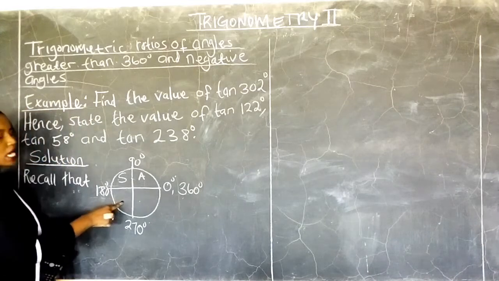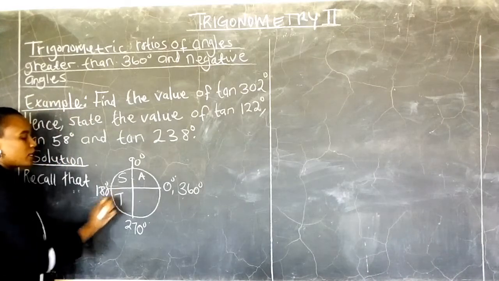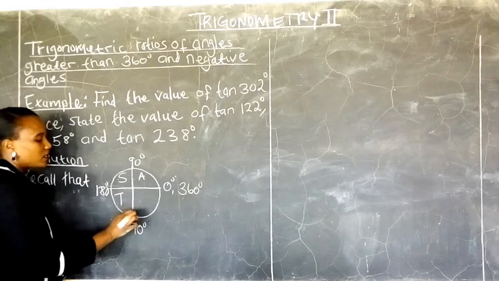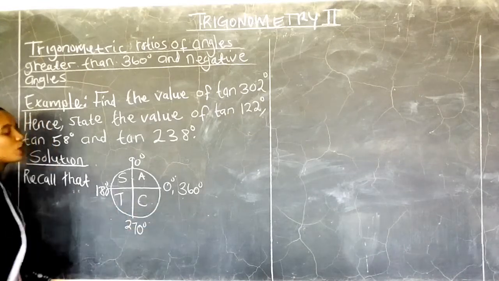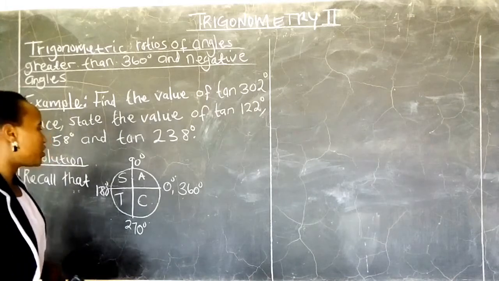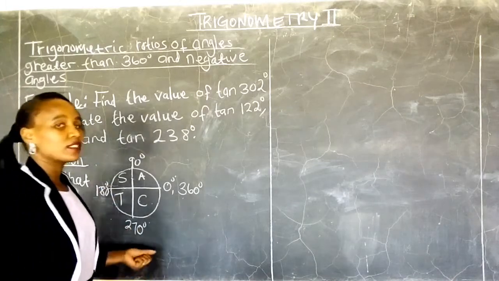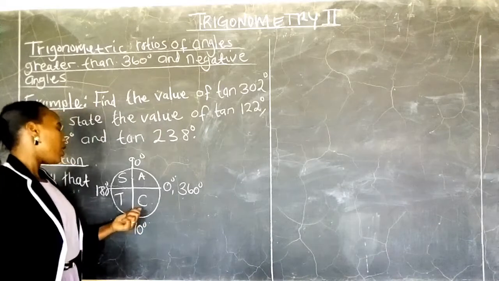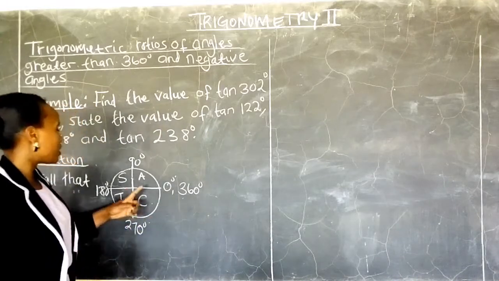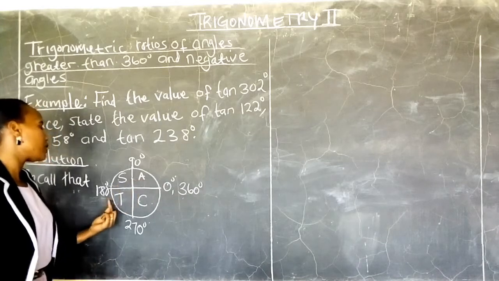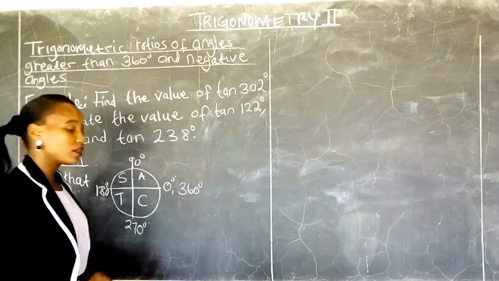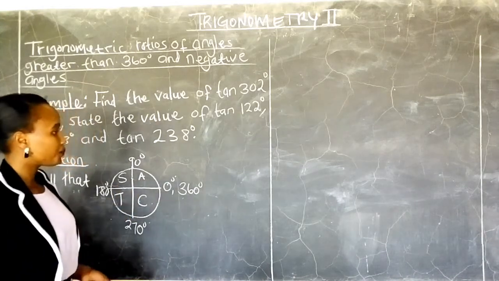In the third quadrant, only tan is positive, and in the fourth quadrant it is only cos that is positive. There is a quicker way that I understand. I try to remember this. I usually say that starting from the first quadrant, all students take coffee. Maybe that one is going to help you now.